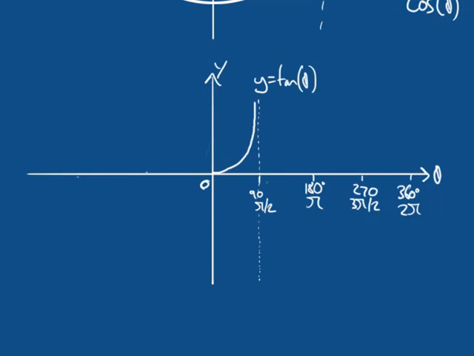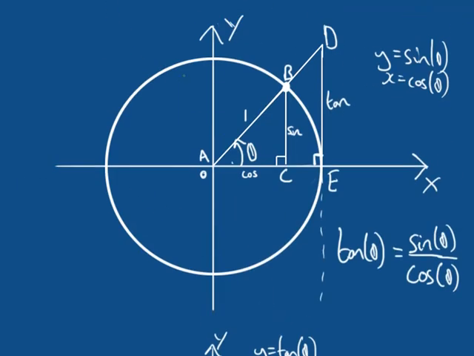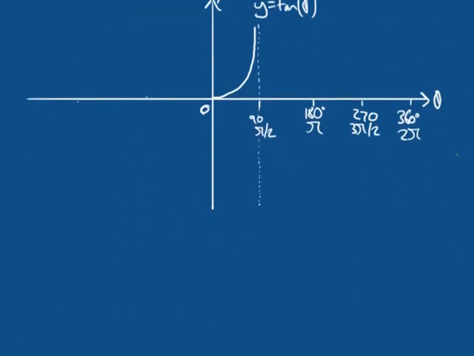We said that once we pass 90 degrees, because in this quadrant our sine is still positive, but our cosine is negative, sine over cosine becomes negative, our tan becomes negative, and we jump to a negative infinity. So as we pass 90 degrees, we jump to a negative infinity.